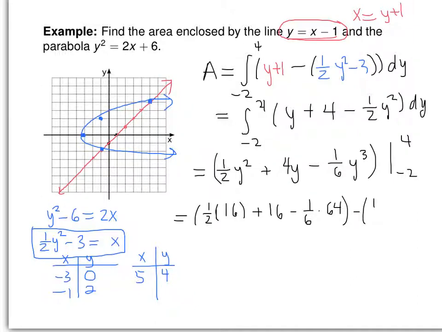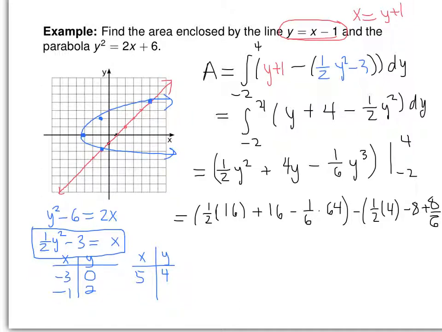Minus, 1/2 of 4, minus 8, plus 8/3. The reason that last one is plus is that you plug in negative 8/6.